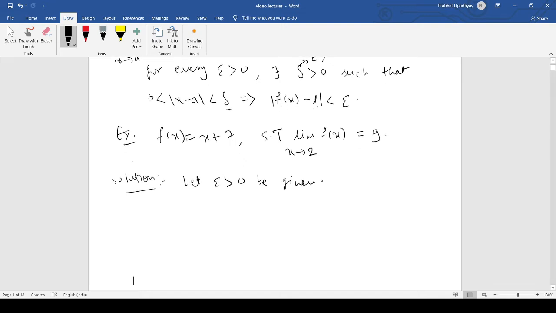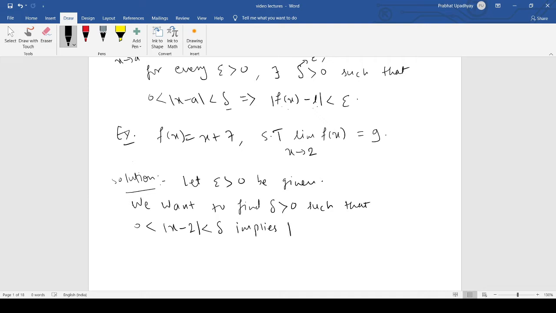So what is our aim now? We want to find delta greater than 0 such that 0 less than mod x minus a, that means mod x minus 2 less than delta, implies mod of f of x, that means x plus 7 minus 9, is less than epsilon.